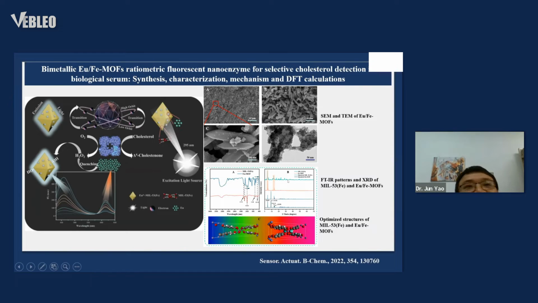From the XRD, the doping of metal only slightly changes the presentation of diffraction peaks, proving the crystal structure still maintains the same as the former ones.